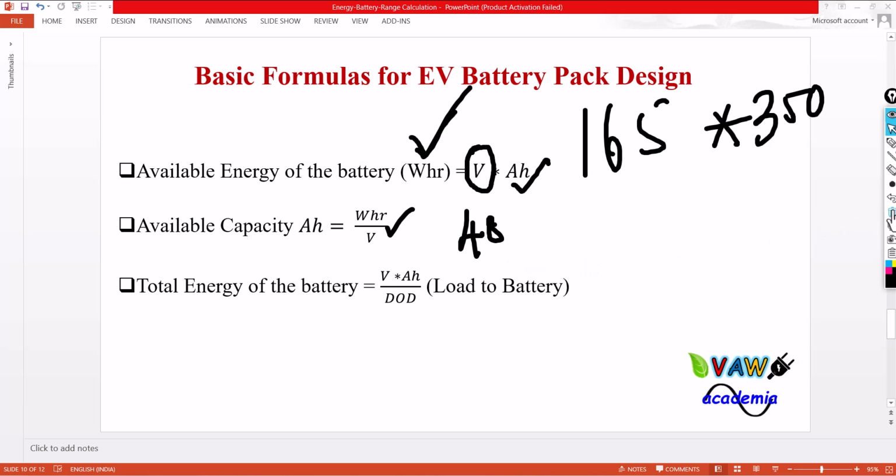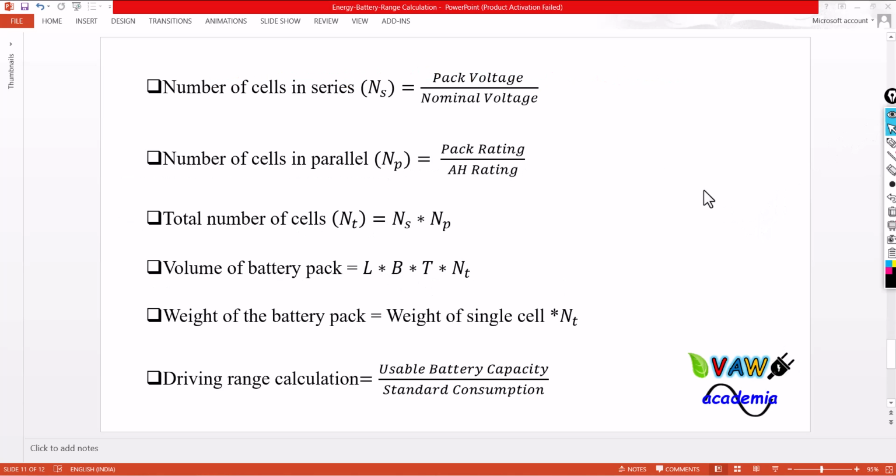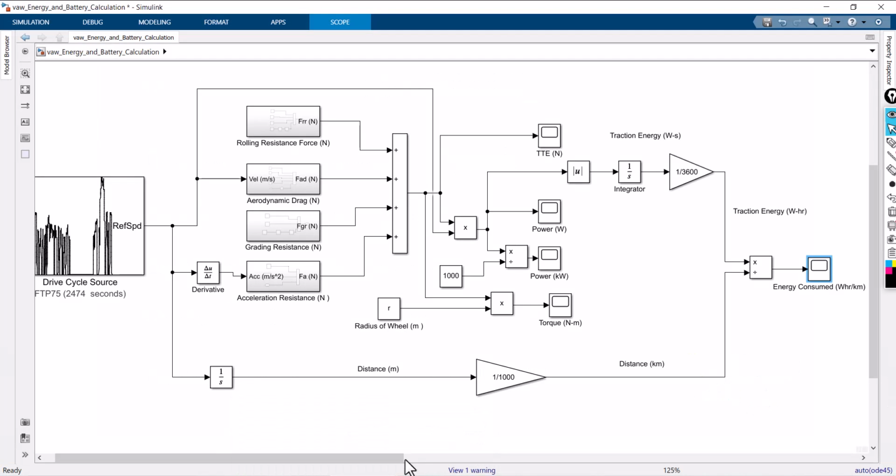Once you follow these formulas, you can easily calculate the battery pack design: the number of cells in series, number of cells in parallel, total number of cells, volume of the battery pack, and weight of the battery pack. Of course, the driving range calculation is already given, you can check whether the battery pack we developed gives the same range or not.